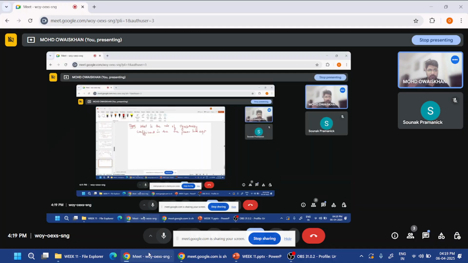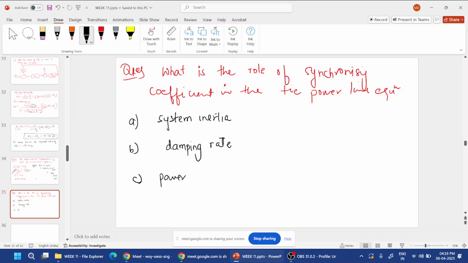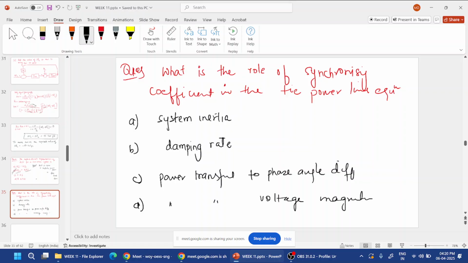Okay, so first option is A, determines system inertia, B, damping rate, C, power transfer to phase angle difference, and D, power transfer to voltage magnitude.